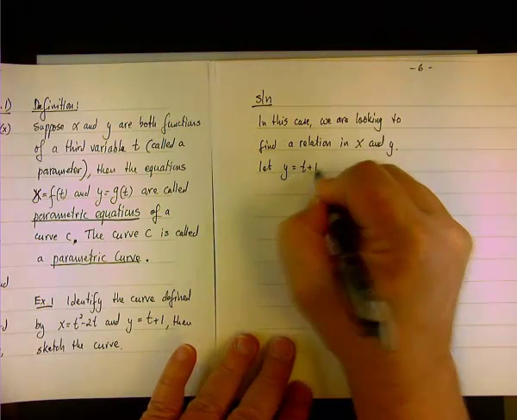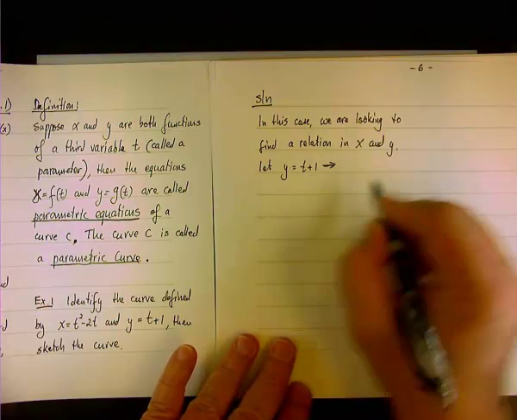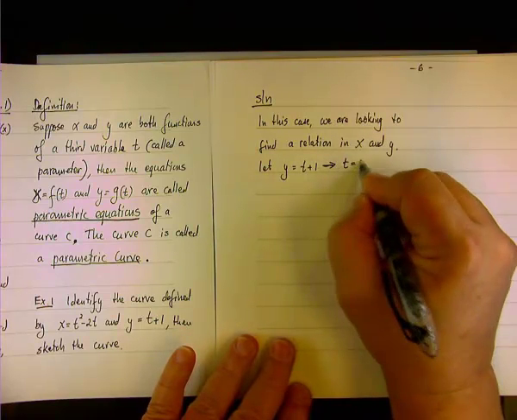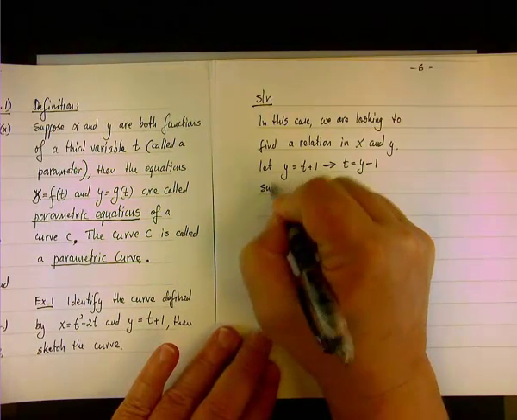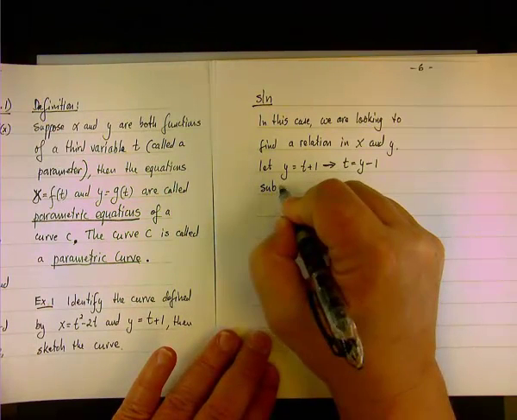Okay, so we let y equals t plus 1, and from here we're going to have an expression for t. Well, t equals y minus 1, right? And now we're going to plug t in x.